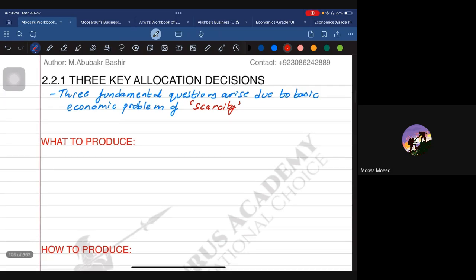So first of all, if we talk about what to produce, private sector firms हों या गवर्नमेंट की firms हों, state owned enterprises हों, there are choices between what you can produce, like the capital and the consumer goods.